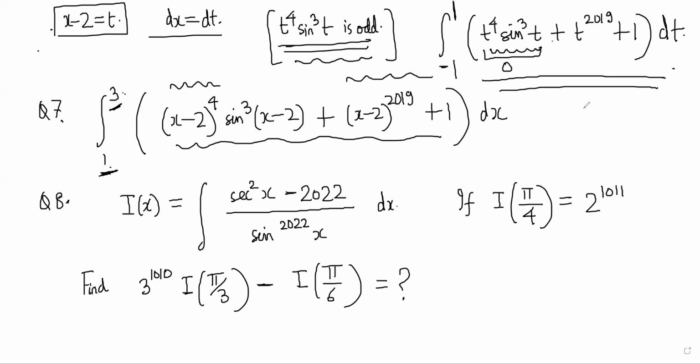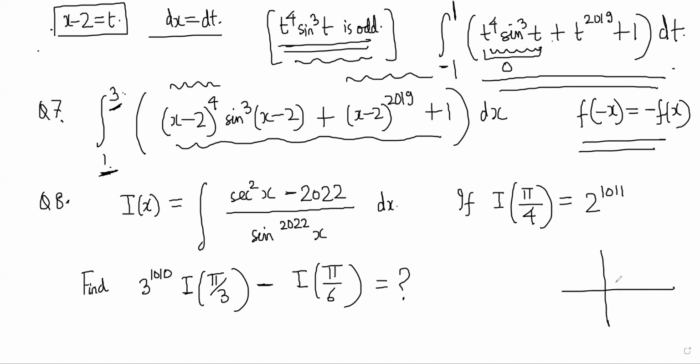The concept is that odd function is such a function where f of minus x is equal to minus of f of x, right? Yeah. Correct, no? Yes, sir. Odd functions graphs are symmetric about the origin, right? Yes, sir. Such a graph, y is equal to x cube, for example. This is an odd function, right? Yes, sir. So here what is happening is, look at t power 4.